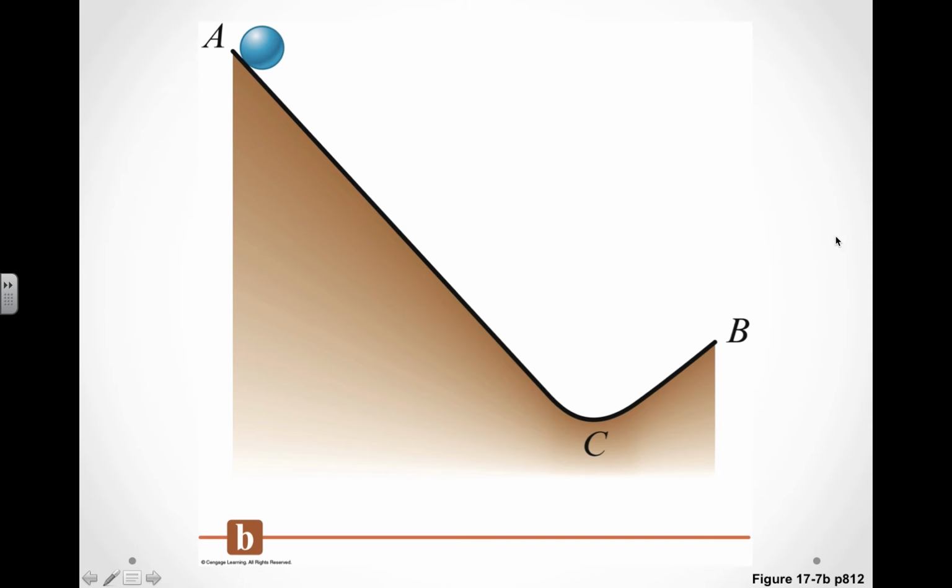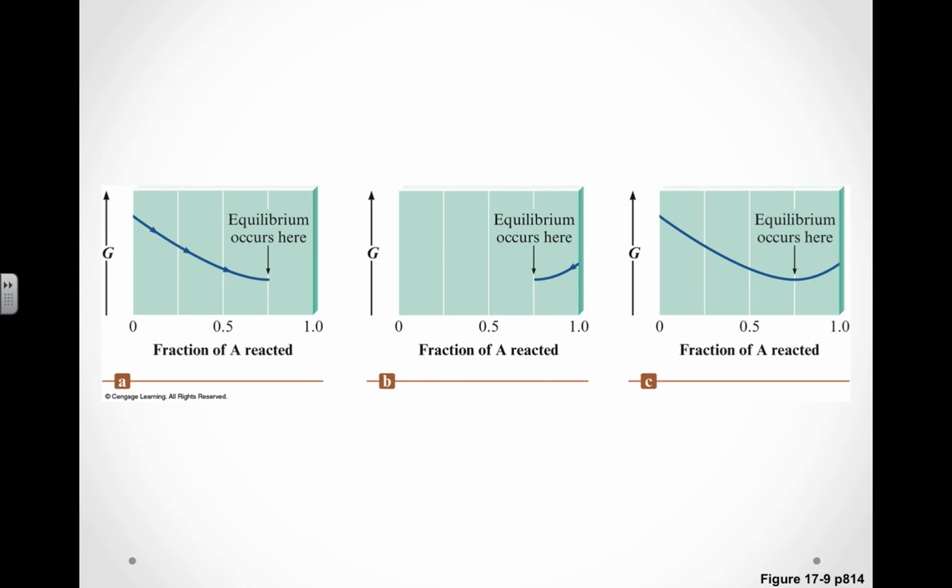And if we have all product, Gibbs free energy could be rather high. But there's a sweet spot at which it reaches its absolute minimum and is spontaneous, because Gibbs free energy is less than 0 at some point. That is also going to be a point of equilibrium.